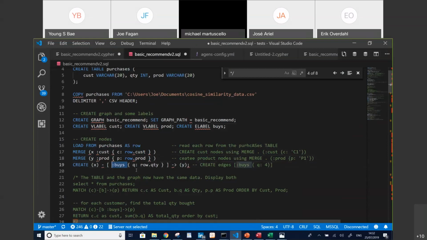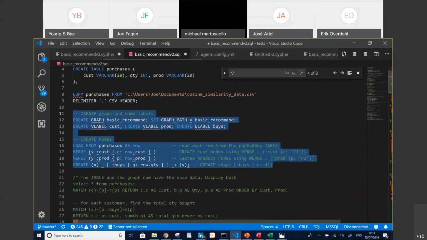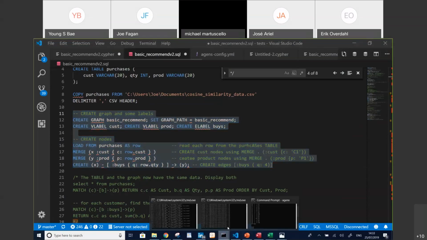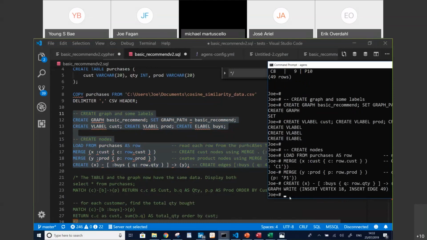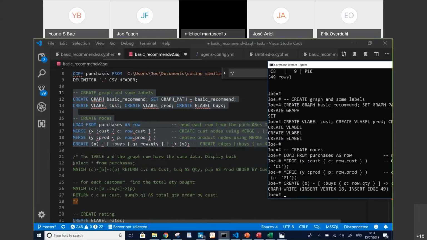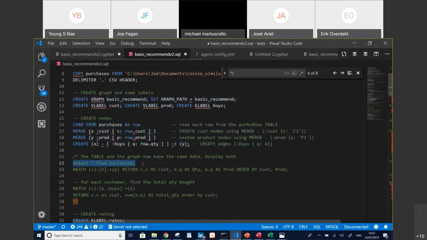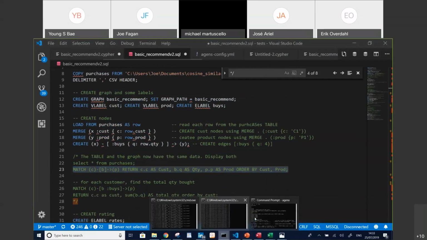So now I've created a buys edge, and I set the quantity to the row quantity. So that's its entirety, and with just those couple of lines, we've created our first graph and populated it. And now I can look at the data in two ways. This was in the table, which we saw earlier, and this will show me the data that's in the graph.